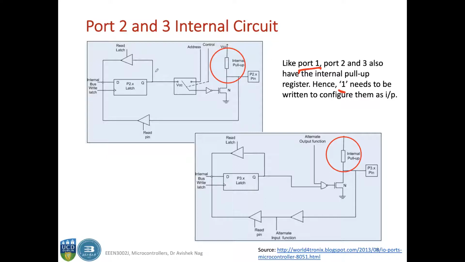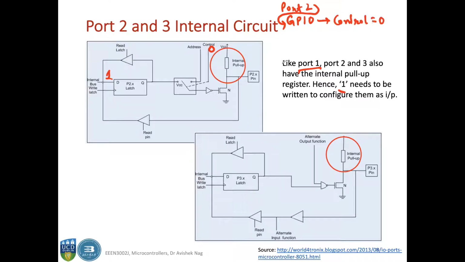Okay. So let's quickly look into this circuit first. Let's say you put a 1 here, and your control signal is 0. The control signal has to be 0 to operate it in the general purpose input output mode. So for port 2 as GPIO, you have to set the control signal to 0.